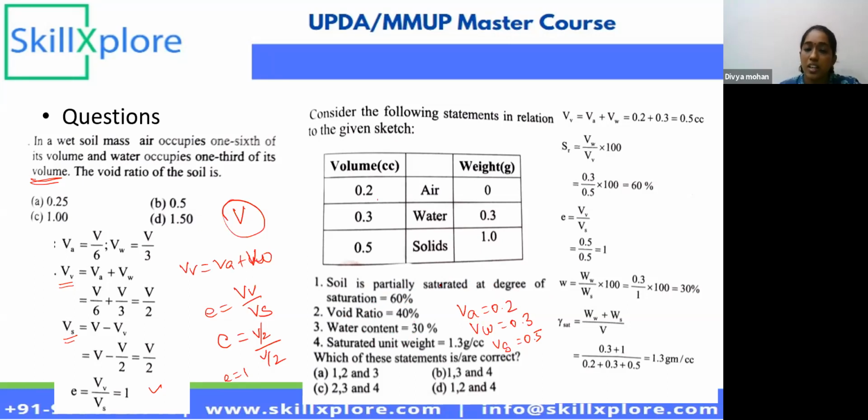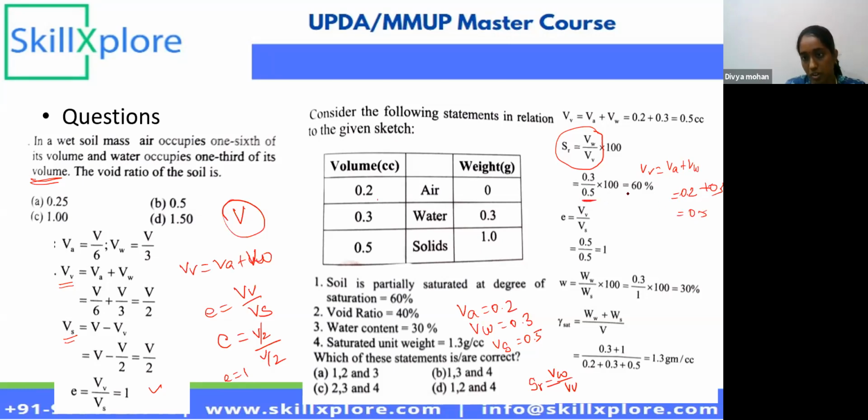While checking the degree of saturation, we know the formula: Sr is equal to VW by VV. Substituting the volume of water, which they have given as 0.3, and the volume of voids, VV, which is VA plus VW, that is 0.2 plus 0.3, so it is 0.5.